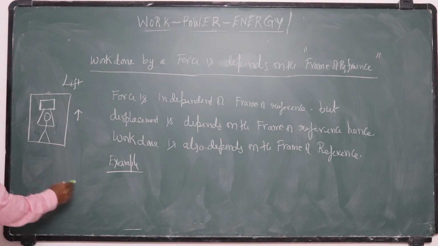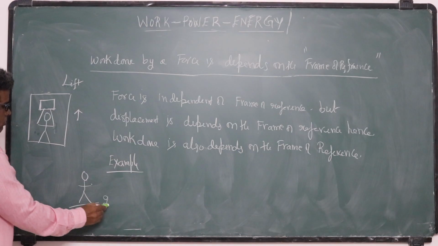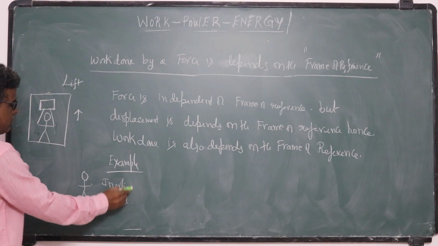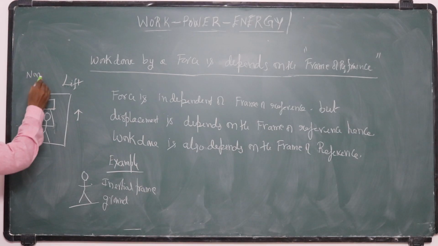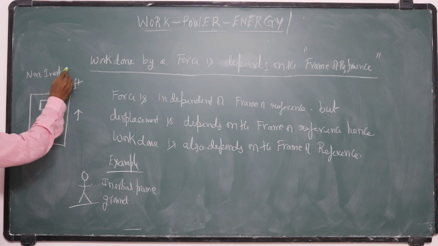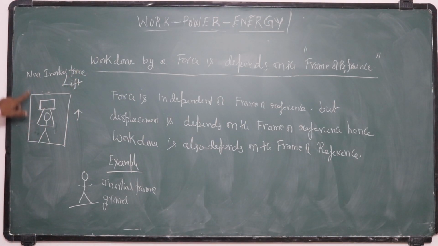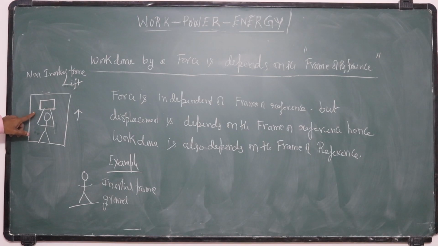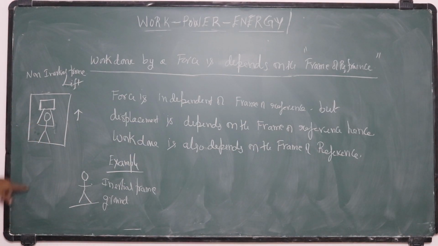But with respect to the ground, this is the inertial frame. Here this is the non-inertial frame. So work done with respect to this non-inertial frame is zero, but work done with respect to this inertial frame is not zero, because it has certain displacement, since the lift is moving up.